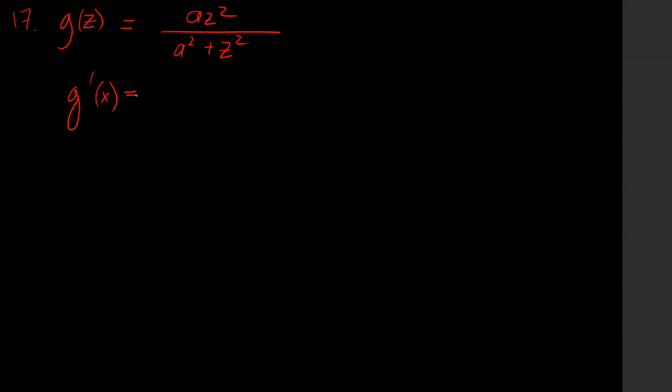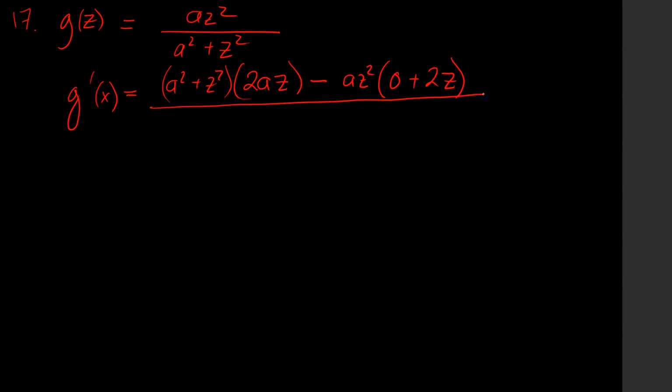The derivative of a quotient of two functions is the denominator times the derivative of the numerator, and don't forget this is a number times z squared, which has a derivative 2 times a times z, or z to the first power, minus the numerator times the derivative of the denominator. The derivative of a constant is 0, a squared is a constant, and the derivative of z squared is 2z, since z is the input variable. All over the denominator squared.